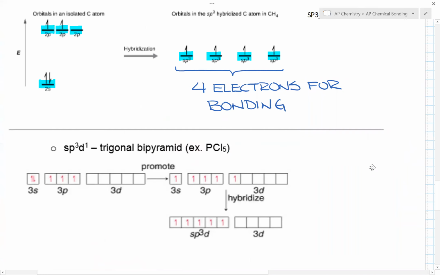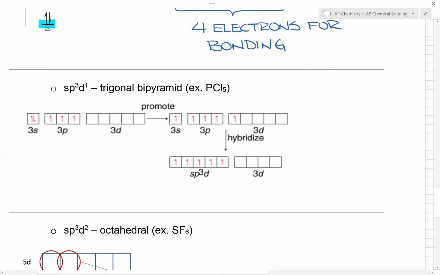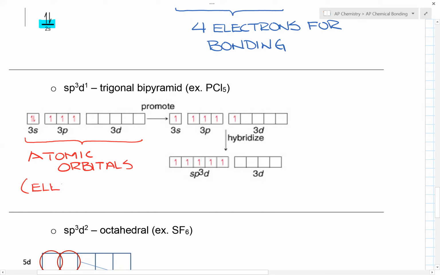Let's say for phosphorus, why is phosphorus able to have more than 8 electrons in the outermost shell? In this case, you have the atomic orbitals for PCl5, and this is the electron configuration.